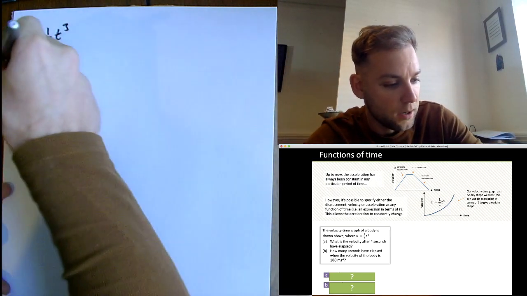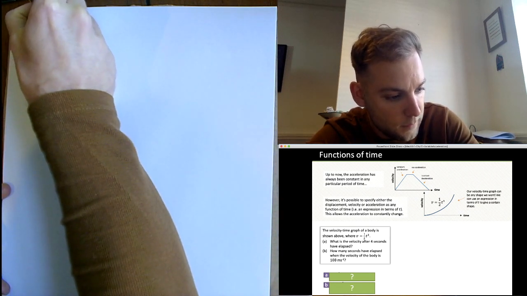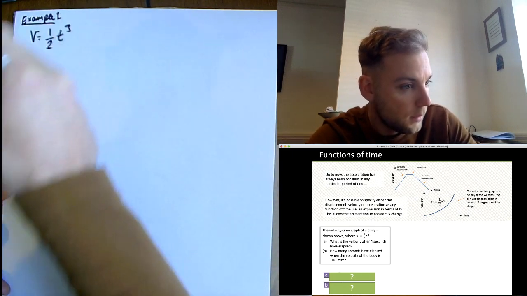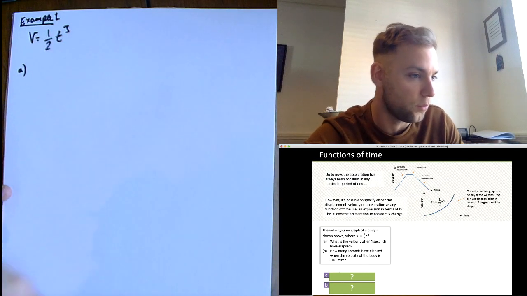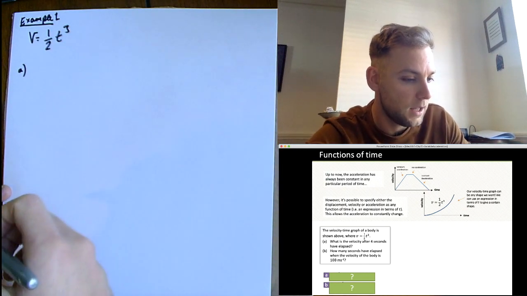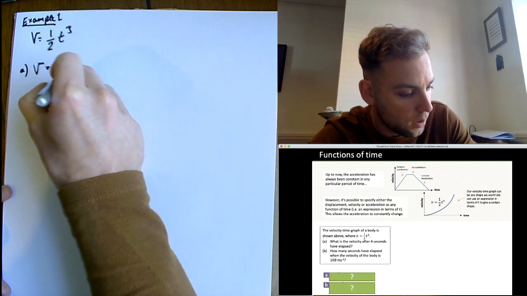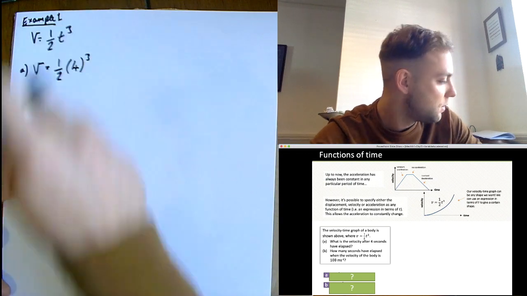So the first part for example 1 says, what is the velocity after 4 seconds? This is quite straightforward. We've got the time, so we sub that straight in. v is equal to a half times 4 cubed.